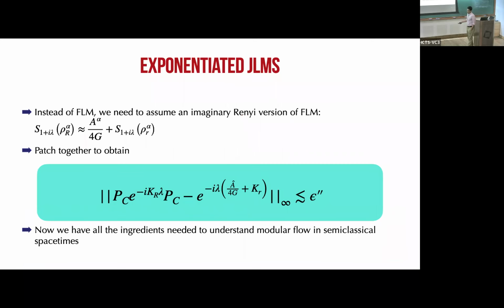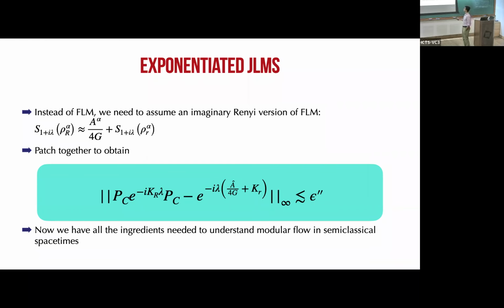Okay, and now for the exponentiated version of this, we need an imaginary Renyi version of the FLM formula. The typical FLM formula that we consider is entropy equals A over 4G plus bulk entropy. To derive something like this, we have to assume a Renyi version of this, where we change the Renyi index from 1 to 1 plus i lambda.